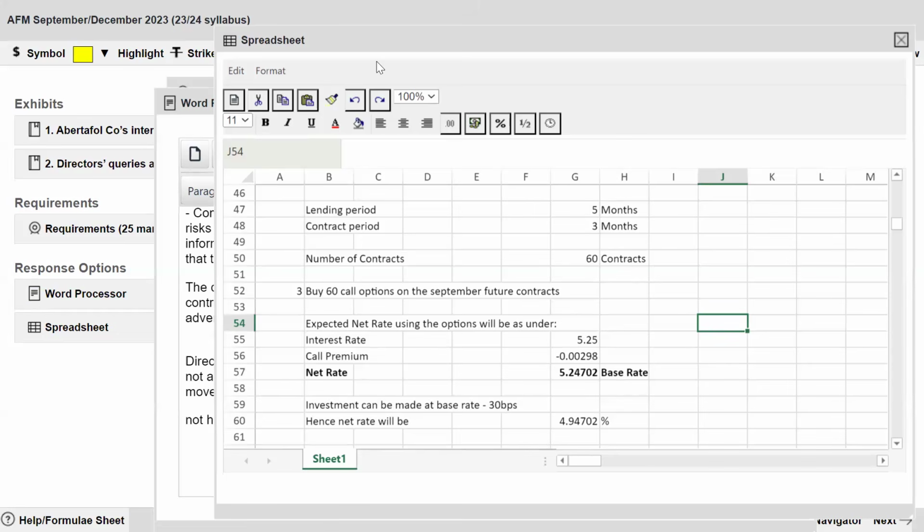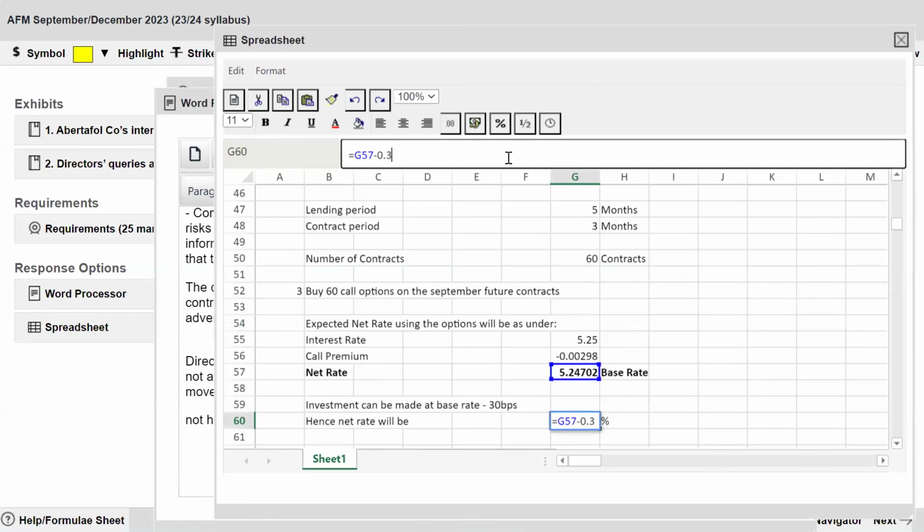Okay, lovely. So we are done with this question and how we arrived at 4.94. Here you go. Because you could deposit at 30 basis points less than the base rate.